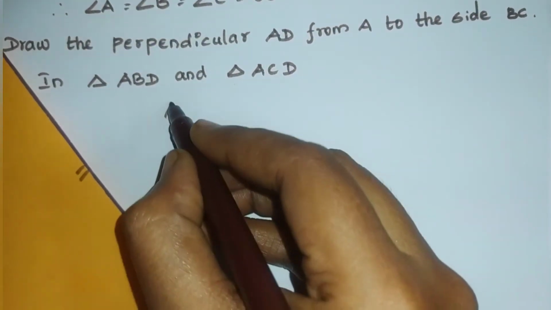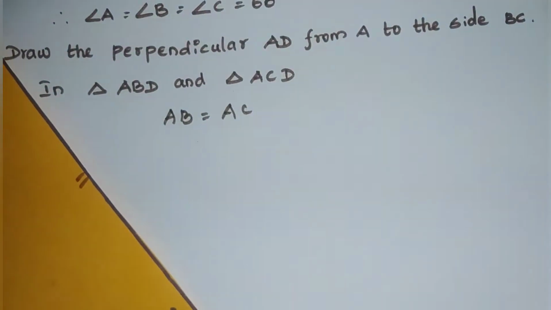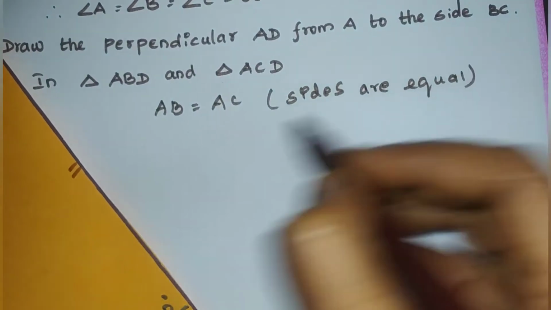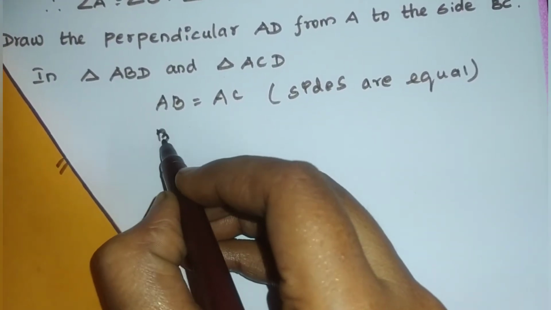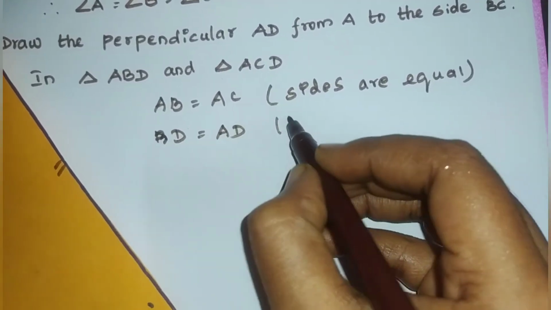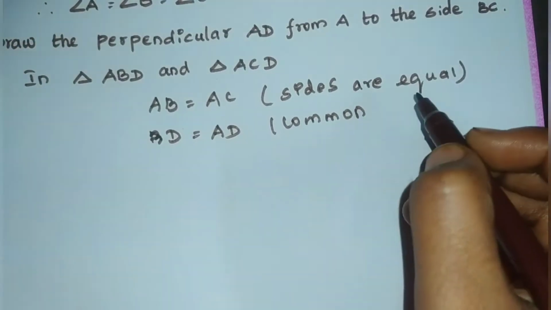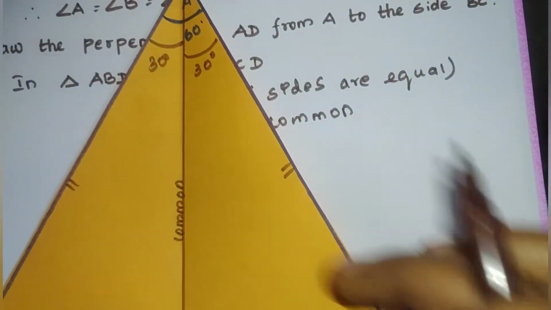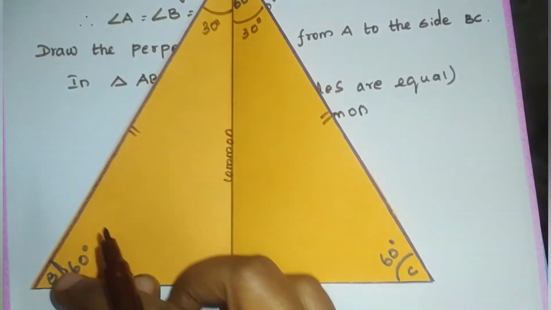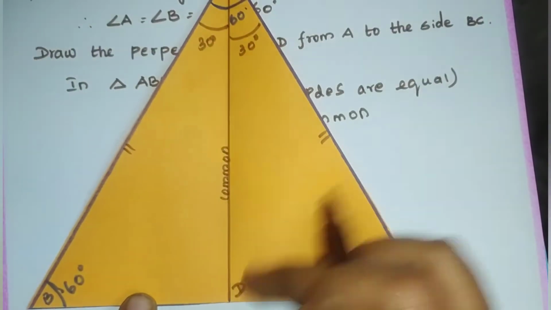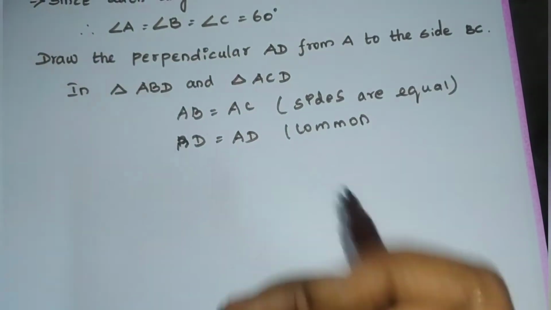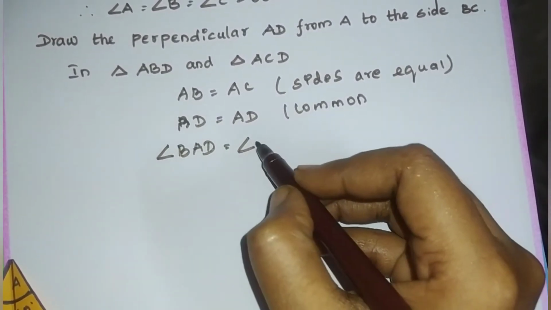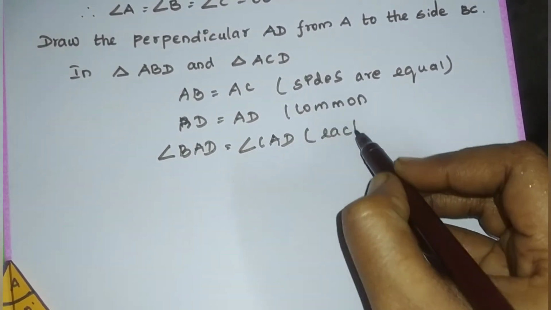So AB is equal to AC, sides are equal in an equilateral triangle, and AD is common, and then angle BAD and angle CAD are each 30 degree.